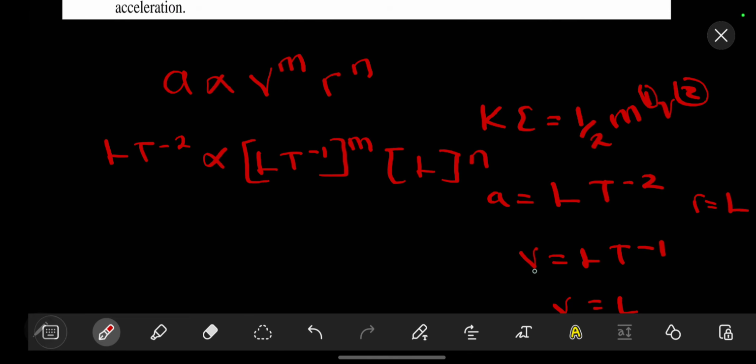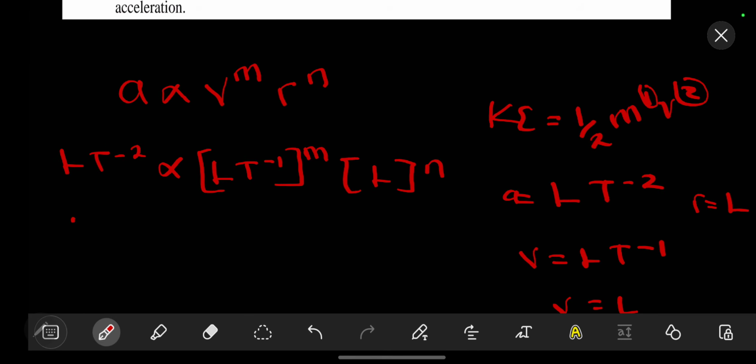So now what we are going to do is, we have L t raised to the power negative 2 should be proportional to L to the power, this m can be distributed. We have L to the power m, t to the power negative 1, like that. Then we also have this n, so we have L to the power that.